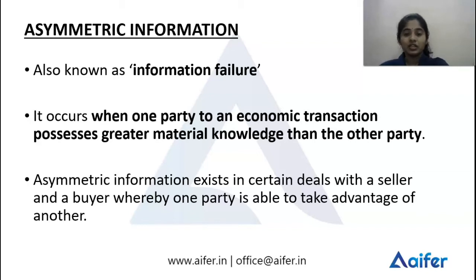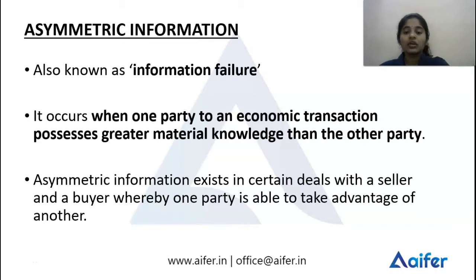Information is asymmetric, information is incomplete. There is a failure in the information transmission. Asymmetric information exists in certain deals or situations with a seller and a buyer, whereby one participant is able to take advantage of the other.